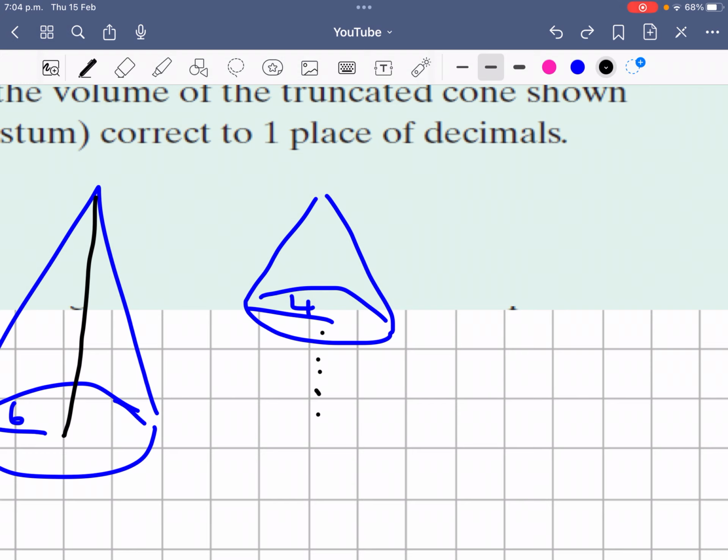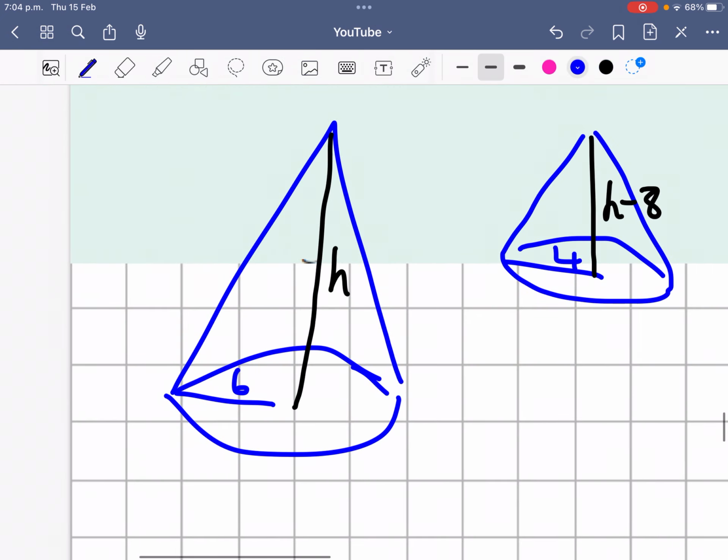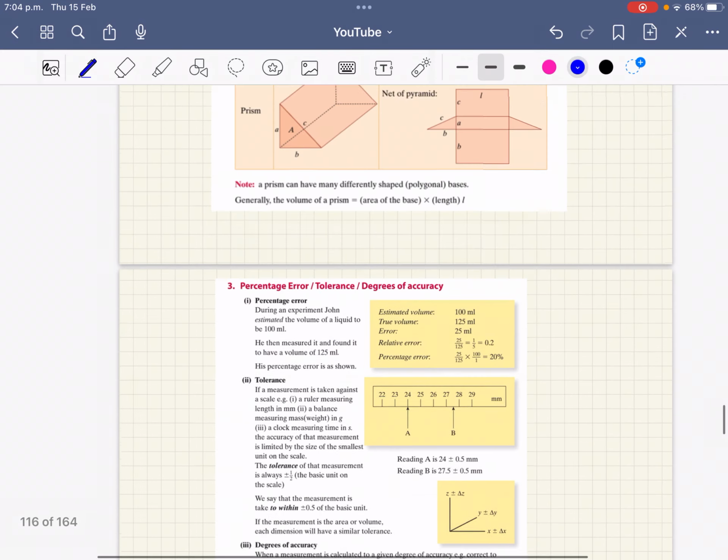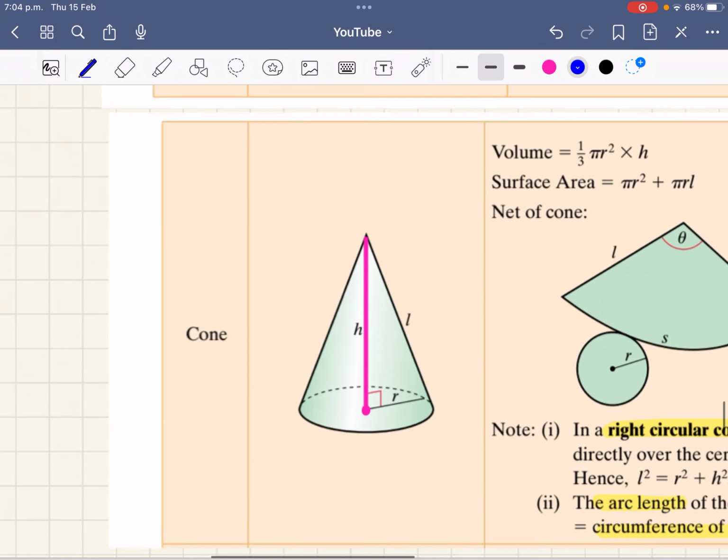So whatever this height to the left is, call it h, this is going to have a height of h minus 8. So that means we have two right angle triangles because of this situation that we talked about earlier. A right angle triangle there.